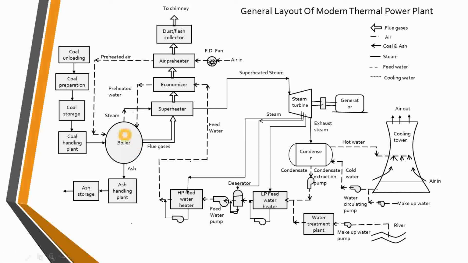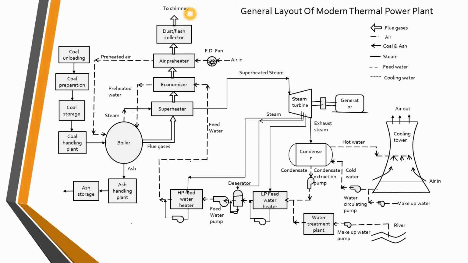This steam is supplied to the superheater next, and after burning coal it generates flue gases. These flue gases are supplied to the superheater, economizer, air preheater, and dust collector, and then go outside to the atmosphere. Before we release the flue gases into the atmosphere, we have to pass them through the dust and ash collector.